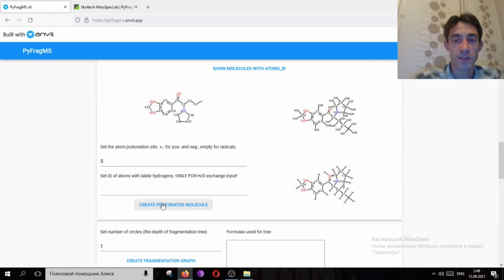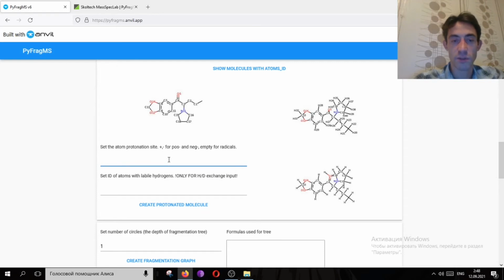But it is known that MSMS spectra of different protomers are different, and there is only one way to separate them, using ion mobility spectrometry. So this is why we are adding to PyFragMS the option to specifically tell the software the ID of the atom that you wish to protonate.